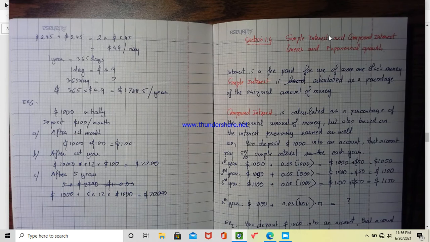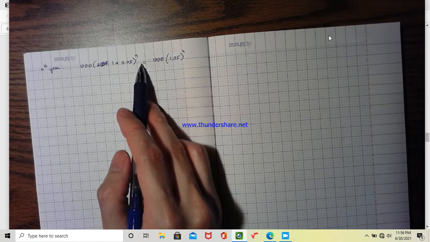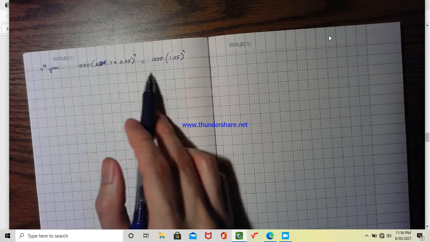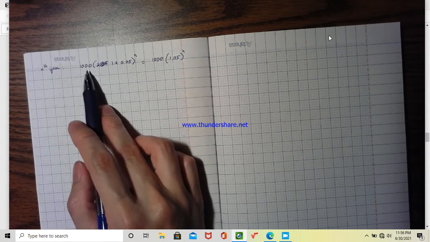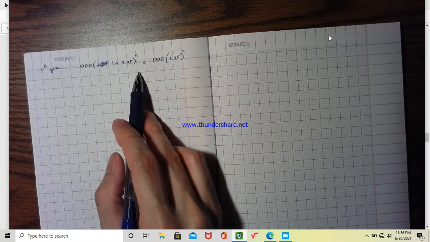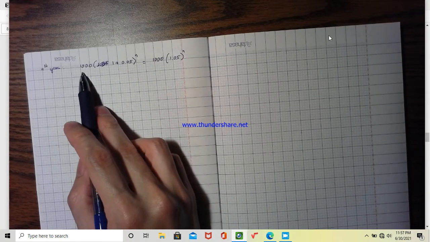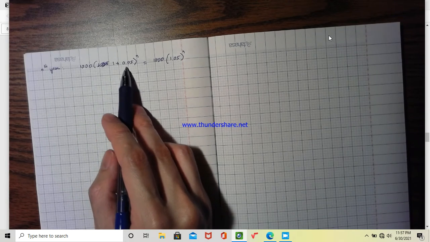For now, just take it for granted that for n years, you take the original amount and multiply by 1 plus the rate, everything raised to the n.